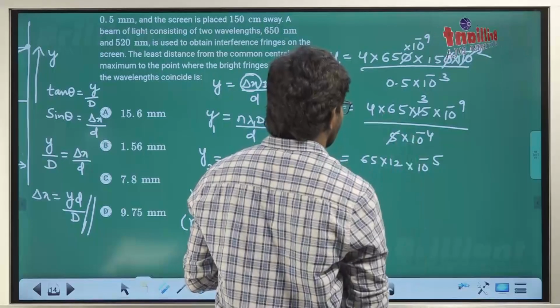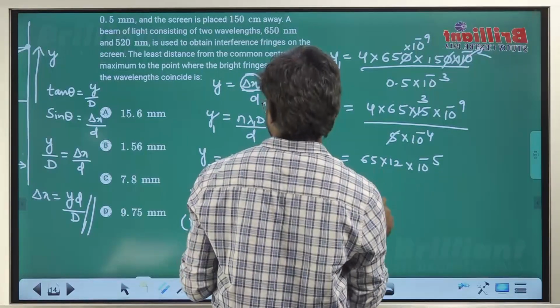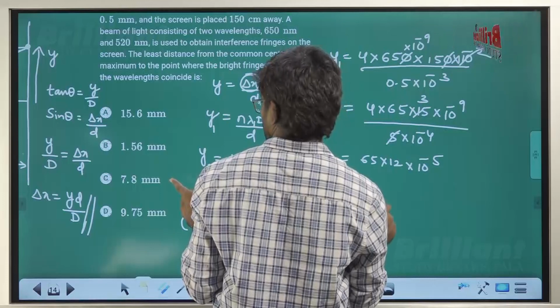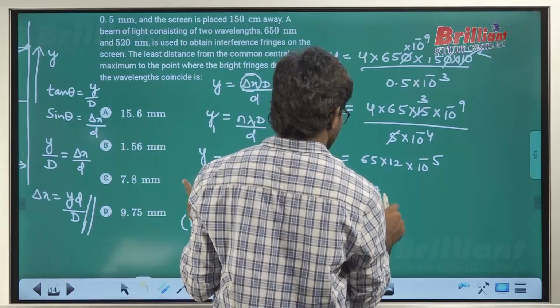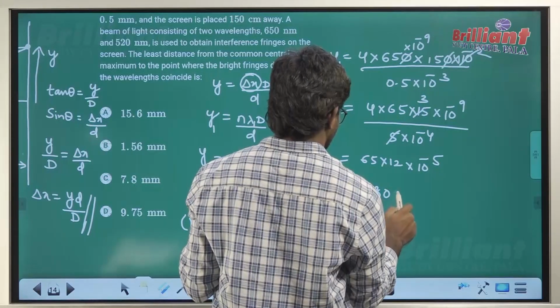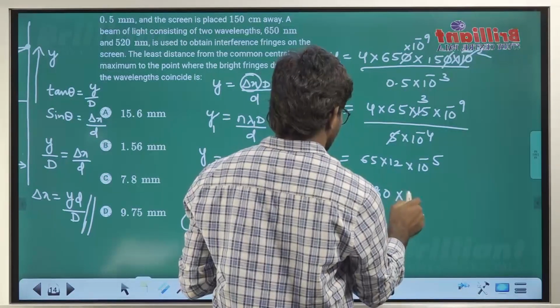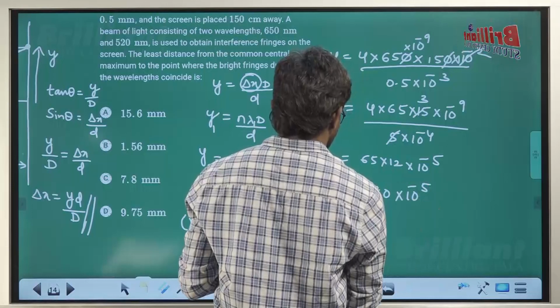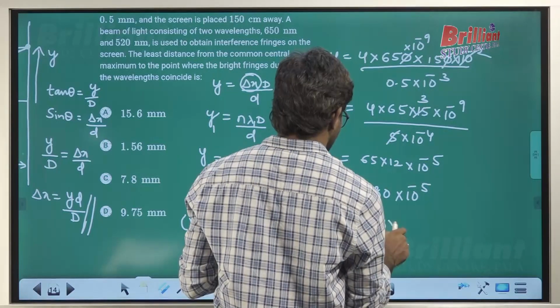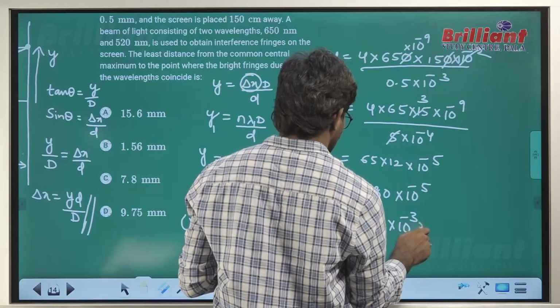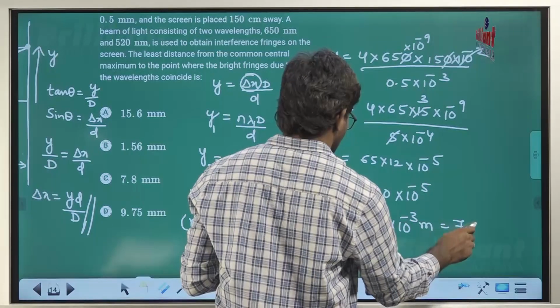That's actually giving you 780 into 10 power minus 5, which is 7.8 into 10 power minus 3 meter. That's nothing but 7.8 mm.